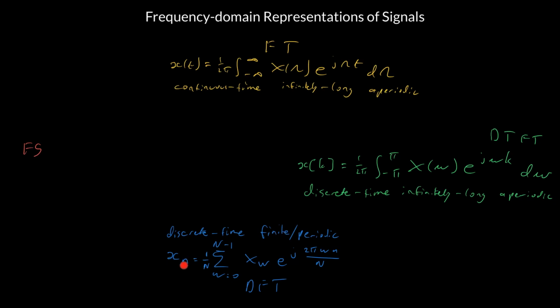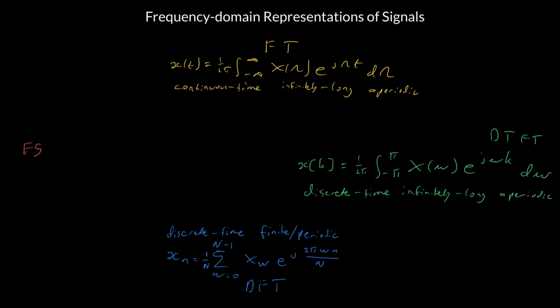Here we have x naught to x capital N minus 1. Alternatively, we can think of this as representing a periodic signal. Given a finite signal, we can always extend it to be infinitely long simply by repeating it.